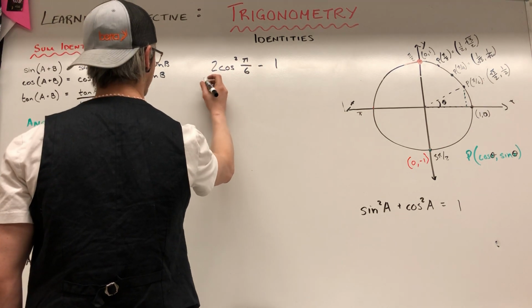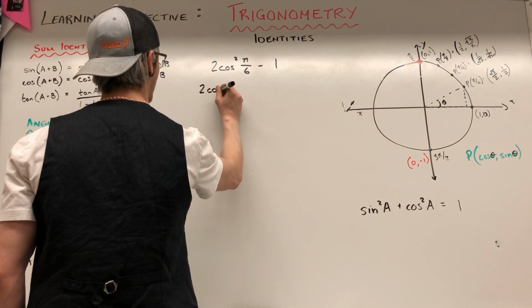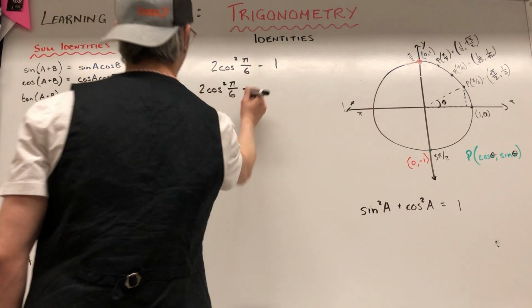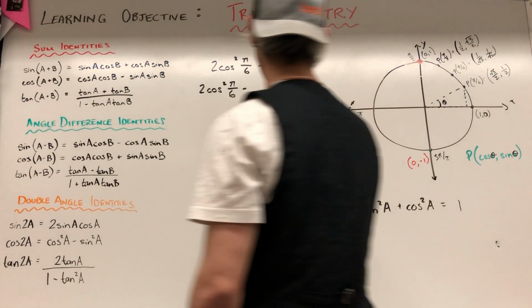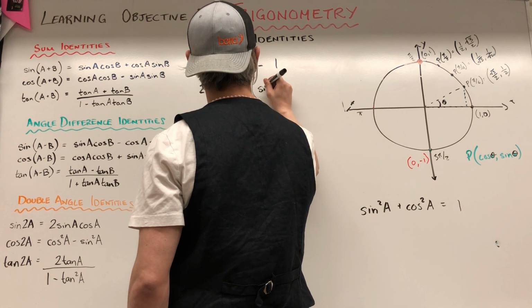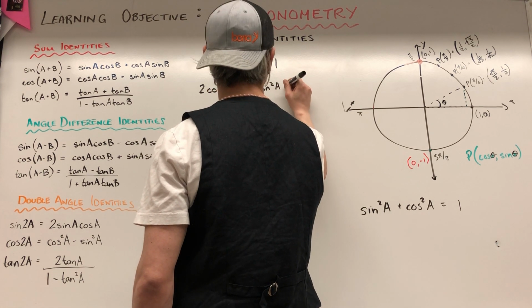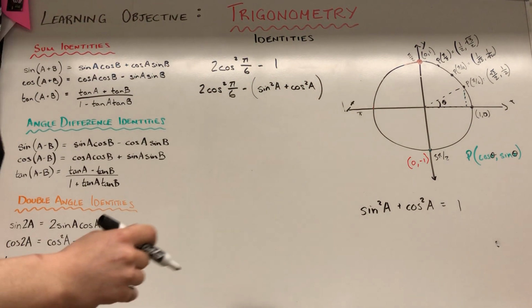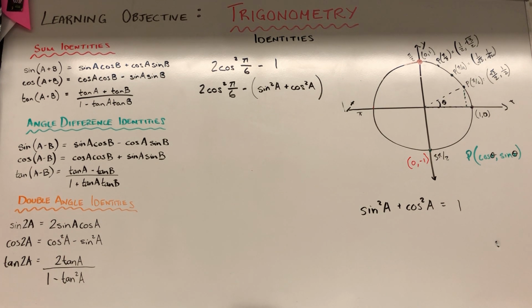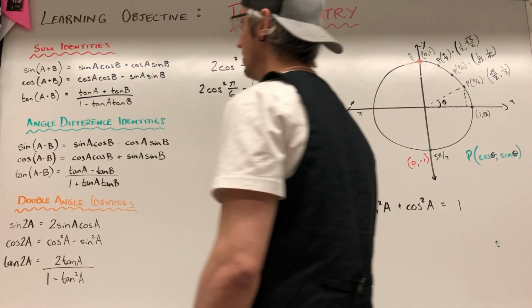Give it a shot. 2 cos squared pi over 6 minus, I'm going to replace that 1 with sine squared A plus cos squared A. Nope, I'm not going to do that.